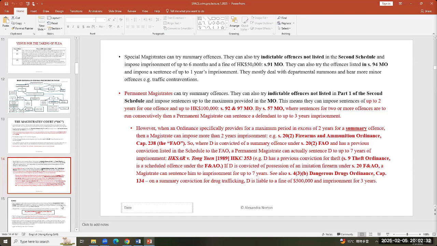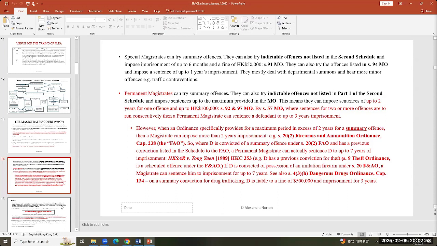Another example is section 4, subsection 3 of the Dangerous Drugs Ordinance. Section 4 deals with drug trafficking. And we'll see that it's an example of what we call a dual offense. A dual offense is an offense where the prosecution has a choice. They can either charge it as a summary offense, and generally summary offenses are more minor, or they can charge it as an indictable offense.